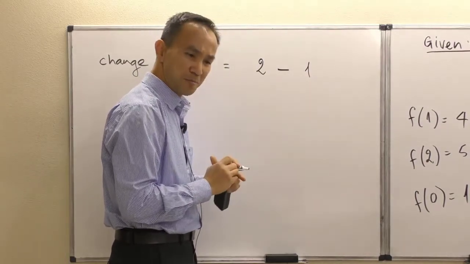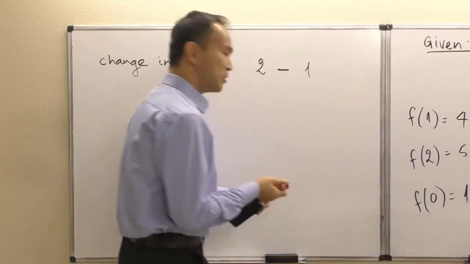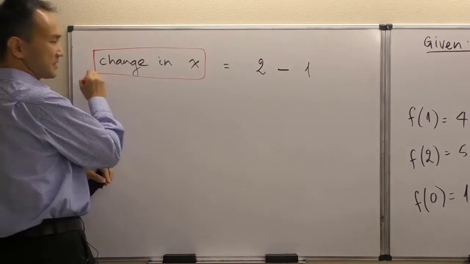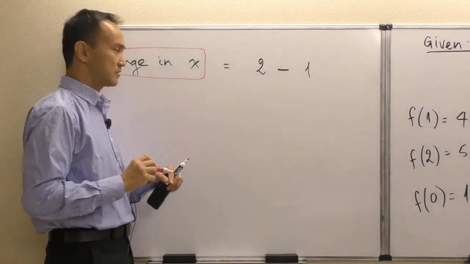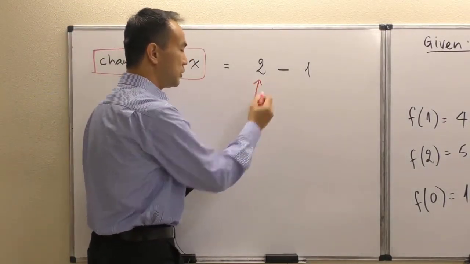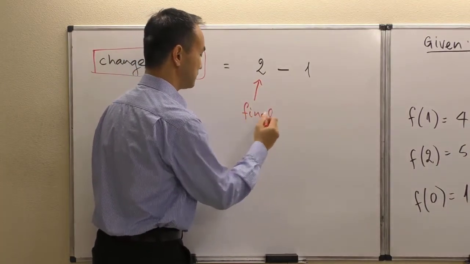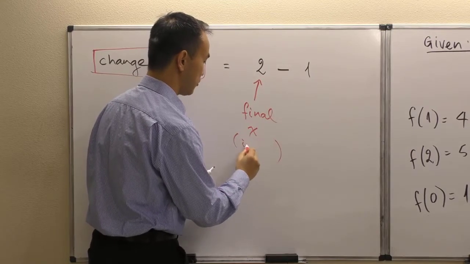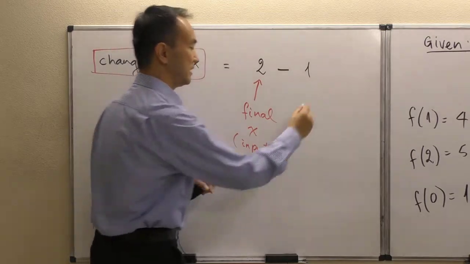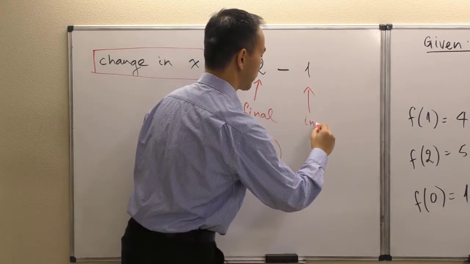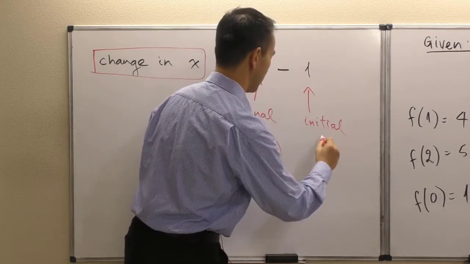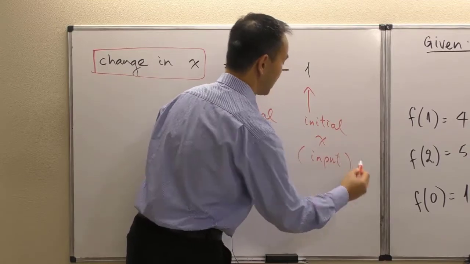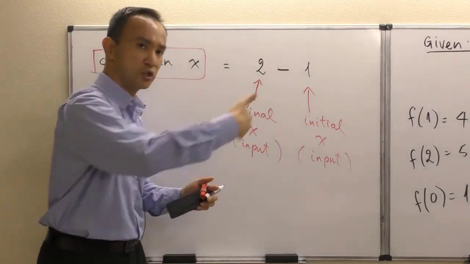A couple of terminologies come out here. Change in x itself is already a terminology. Now I put that in the red box. This 2 right here is called the final x, or the final input. And this 1 right here is called the initial x value, or the initial input, because we change from x equals 1 to x equals 2.